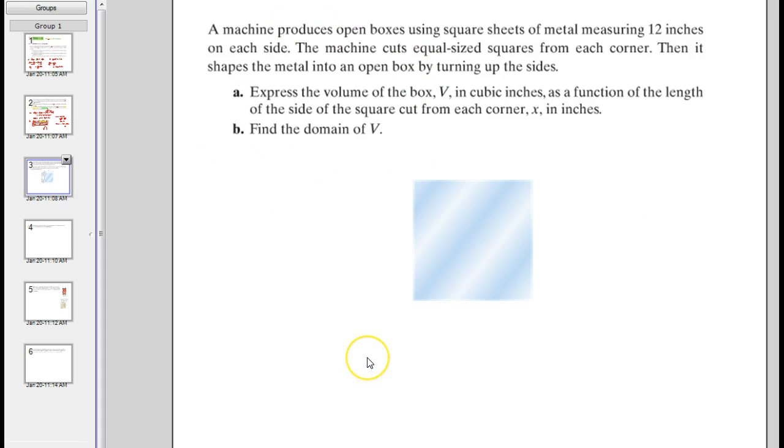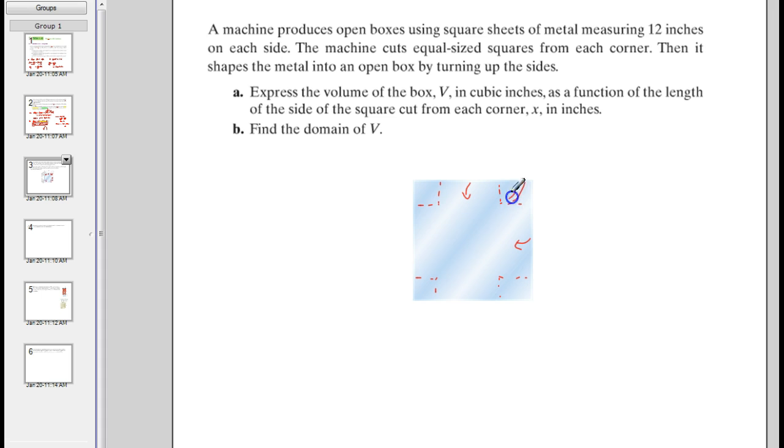Alright, so another very common type of question that you see here is you've got a piece of metal, and what I'm going to do with this piece of metal is cut out corners. When I cut these corners out, I have this cross-shaped thing, and I'll fold up the edges right here.